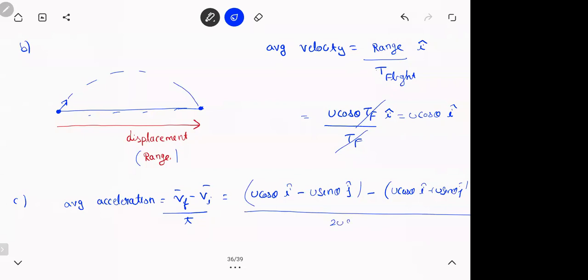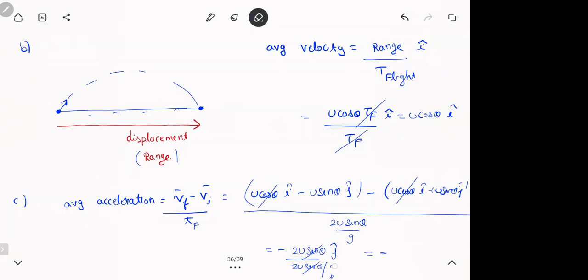Time is again the time of flight, 2u sin theta by g. u cos theta will cancel. You get minus 2u sin theta j cap by 2u sin theta by g. 2u sin theta will cancel. You get minus g j cap.